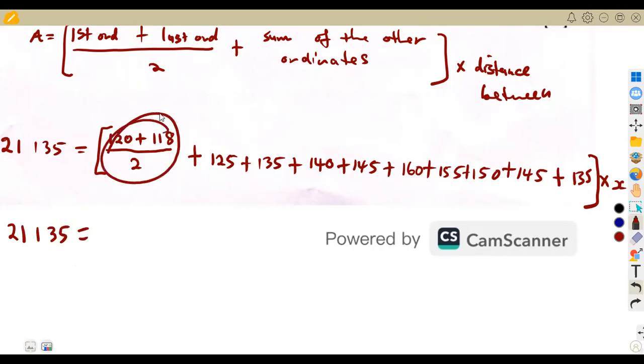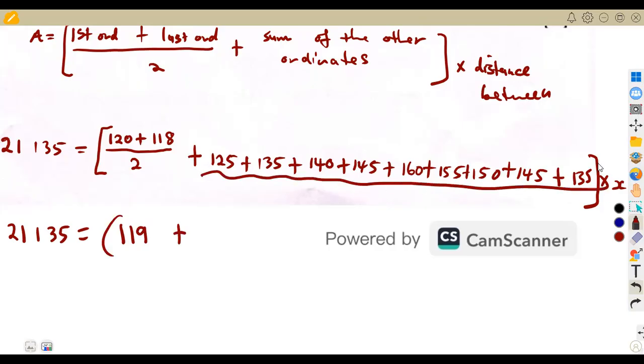21,135 is equal to, if you just simplify only these two, 120 plus 118 over 2, we get 119. All right, plus we add up everything here, these ones. If we add everything there, we are going to obtain 1,290.